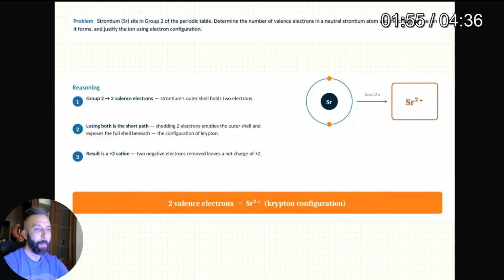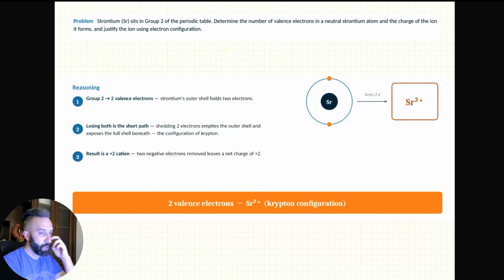This is a fairly simple one, since strontium is in group 2. So it has 2 valence electrons, and it's easier for it to release 2 than to gain 6. That means the stable ion is Sr2+, and that's the electron configuration of the noble gas krypton.